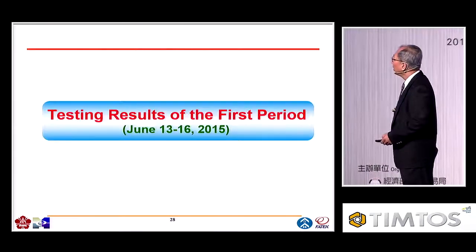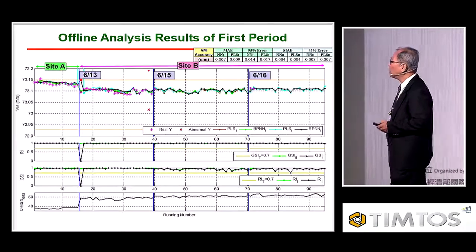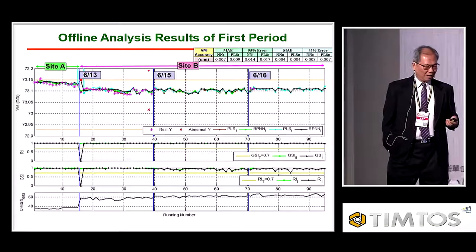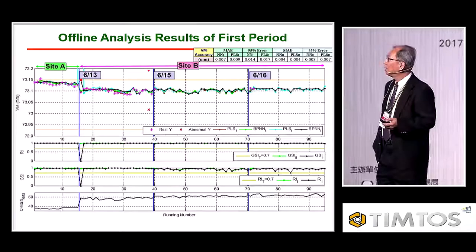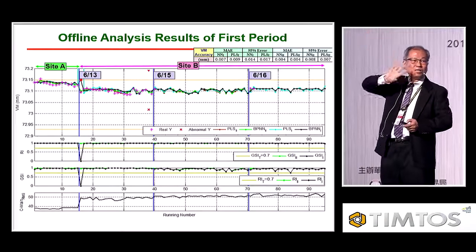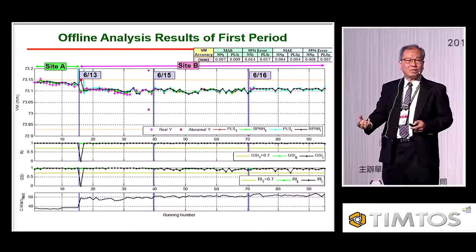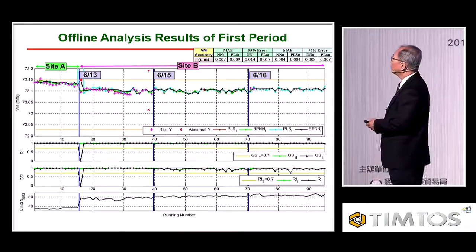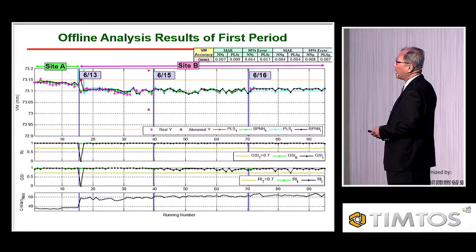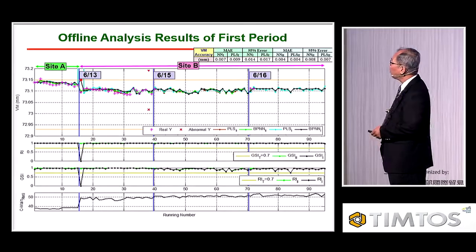Then let me show you this one, because this is what we call cyber-physical interaction. The AVM system, because it's on the cloud, is one kind of cyber system, and the machine tool itself is a physical object. This site A was conducted in Taiwan.